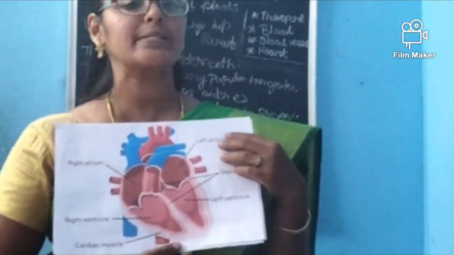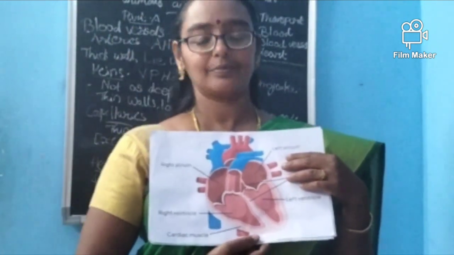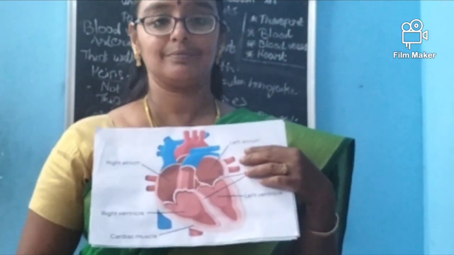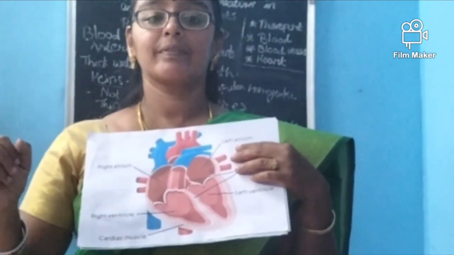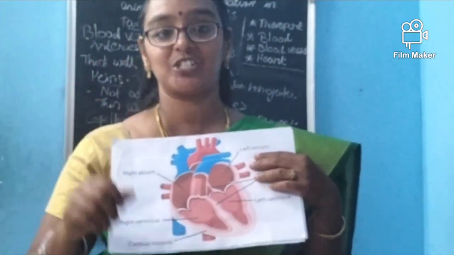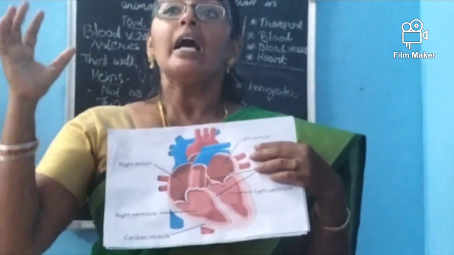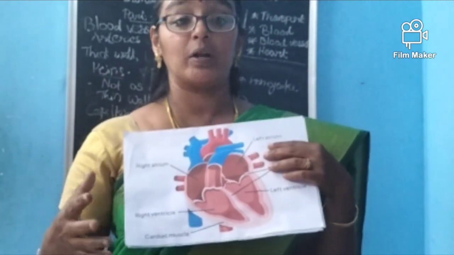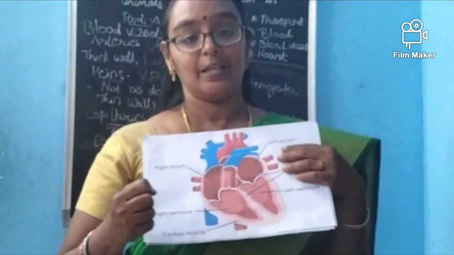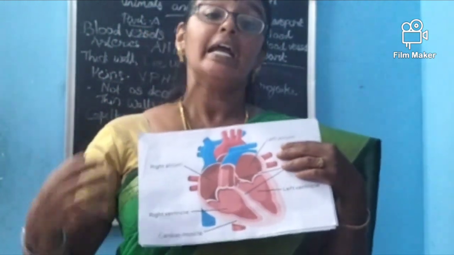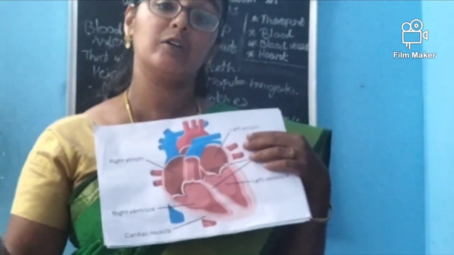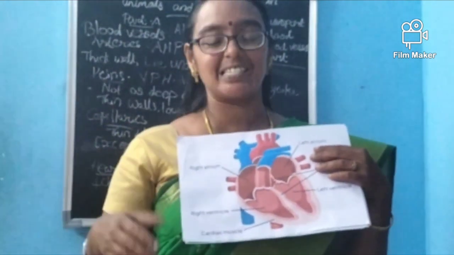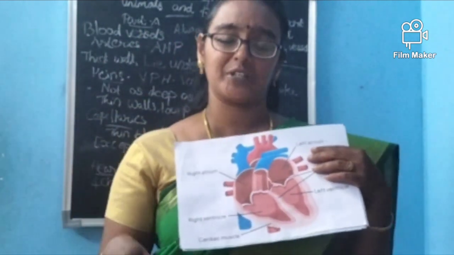Now we are moving to see how the heart is functioning. Okay, this is like a story. Actually, we should have some imagination, then only it will work. The blood is the one which carries carbon dioxide from different parts. It is coming slowly because it is coming through our veins with low pressure.